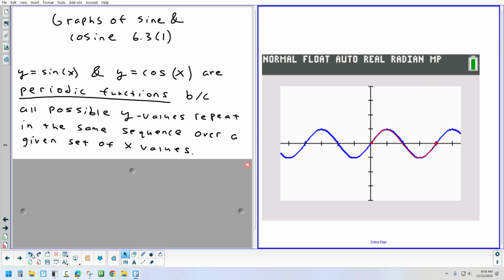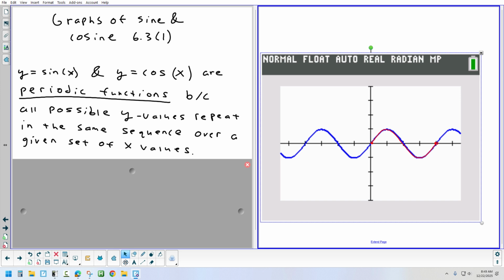There's other y values in there, but I'm just naming the key ones, the important ones. And you're going to keep seeing those y values repeated: 0, 1, 0, -1, 0, 1, 0, -1. Those y values are going to keep repeating.